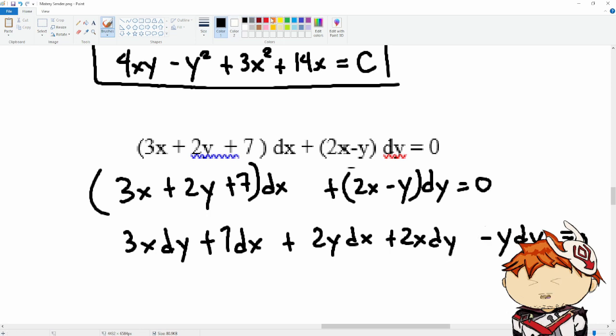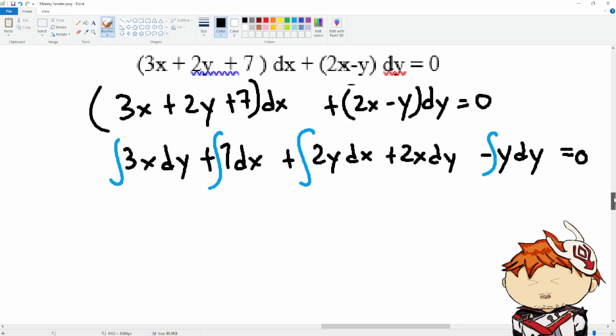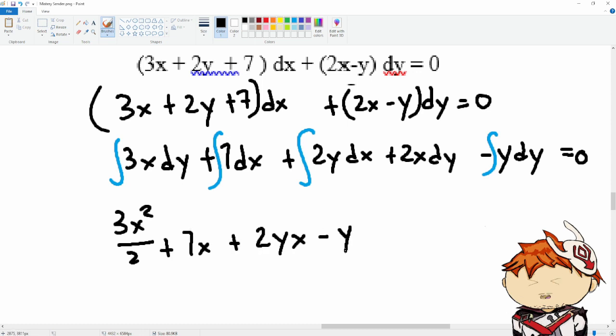Are you guys seeing it? Okay, let's integrate this, and this. This will become 3x squared over 2 plus 7x plus 2yx minus y squared over 2 is equal to c.